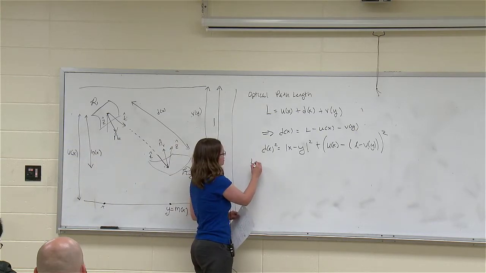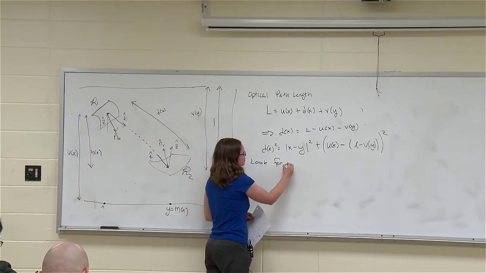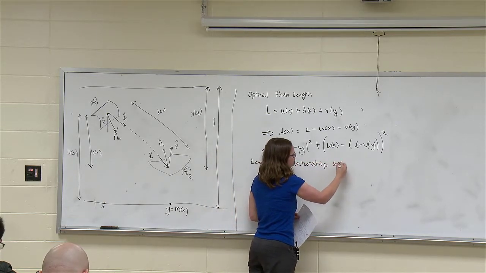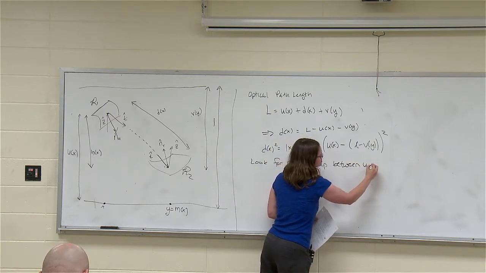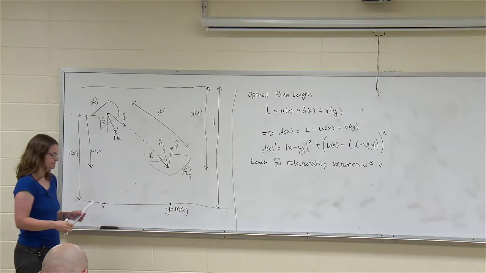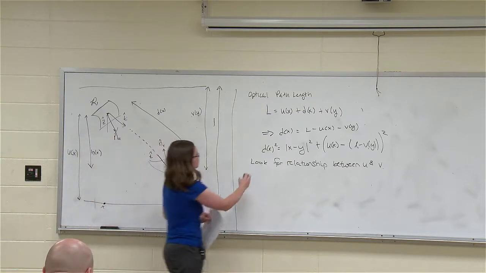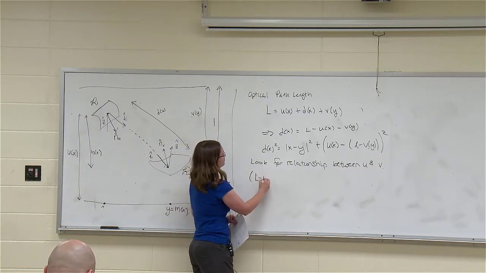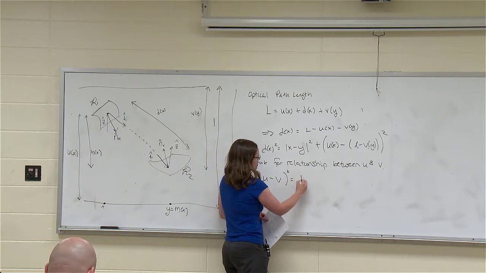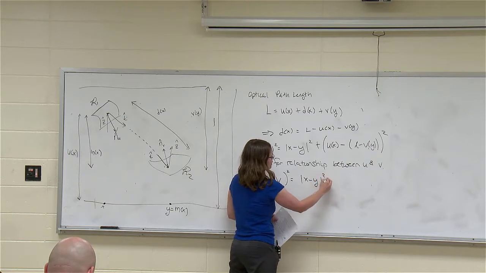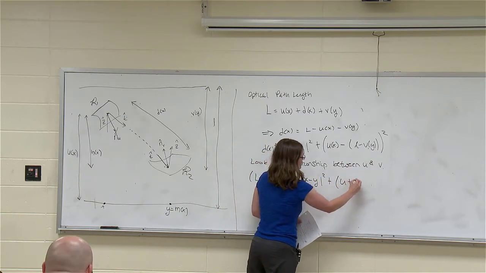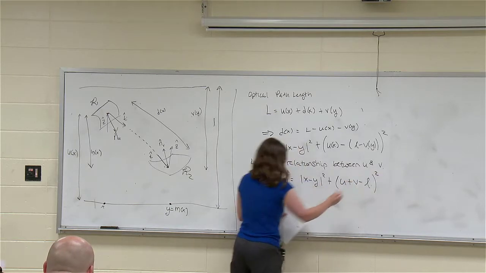So let's look for a relationship between U and V. What am I going to have? If I eliminate this, I'm going to have L minus U minus V squared equals x minus y squared plus U plus V minus little l squared.